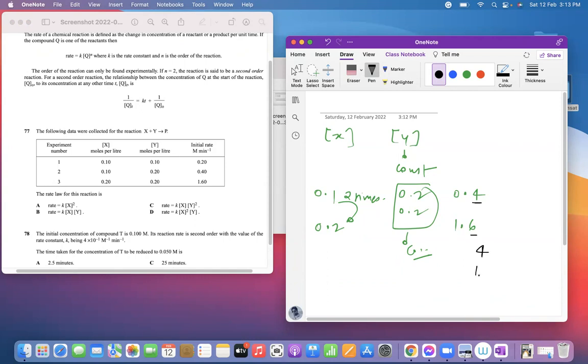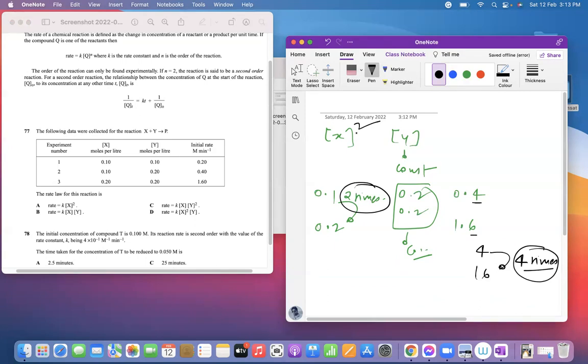So 4 and 16. Now you can see 4 to 16. So 4 times. This is 2 times, this is 4 times. So this is second order with respect to X. Please tell me, any doubt about X?